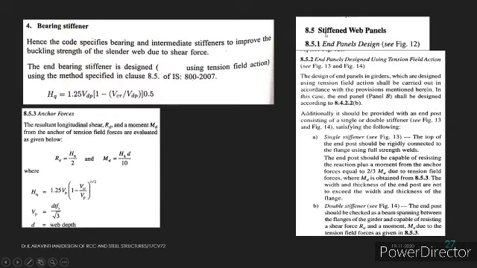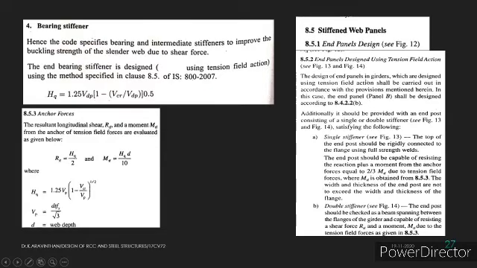For that, the Codal guideline gives a clause, that is 8.5 stiffened web panels, that is end panel design. How to design an end panel? We can use this tension field action method and you can design the end bearing stiffener.